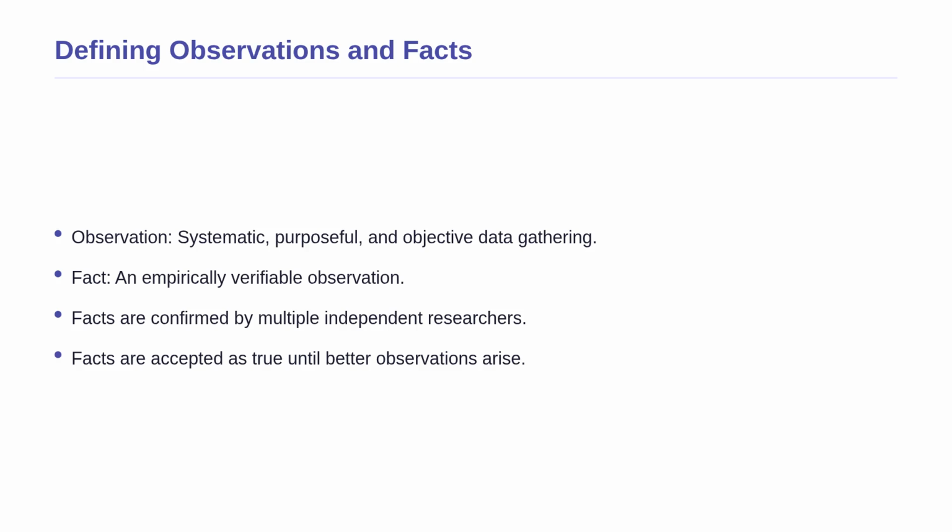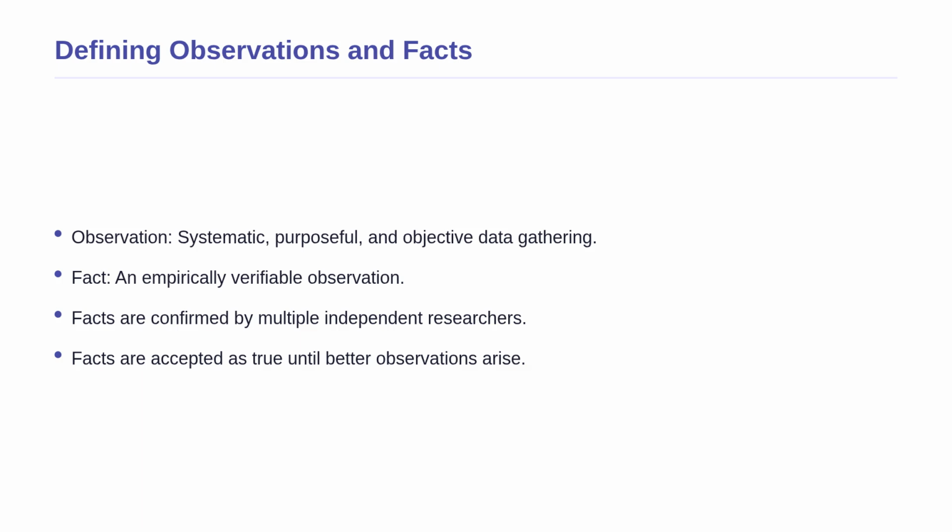Now that we have our detective analogy, let us look at the strict academic definitions. An observation is the systematic, purposeful, and objective gathering of data. It is not just casually looking around, it is planned. But what happens when multiple detectives look at that same baseball and all agree it is a standard baseball?